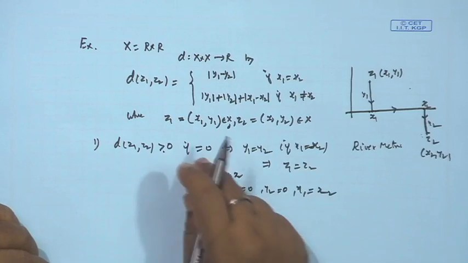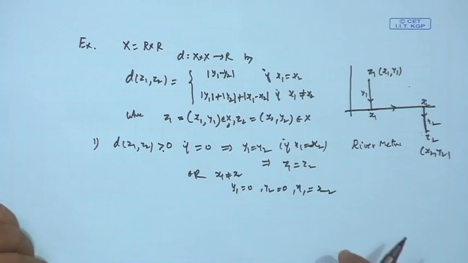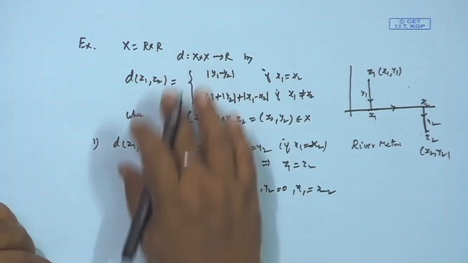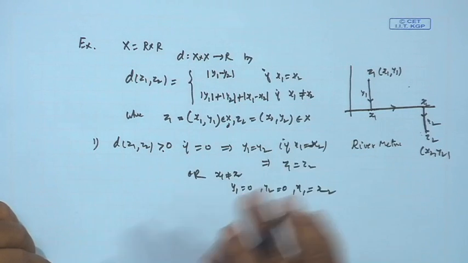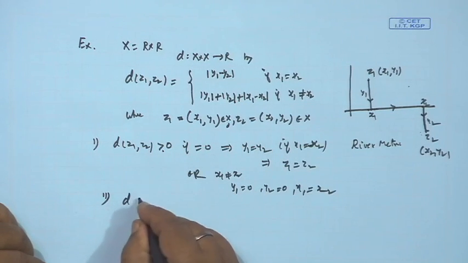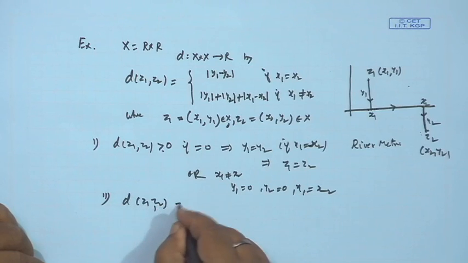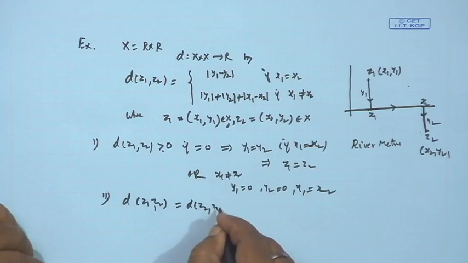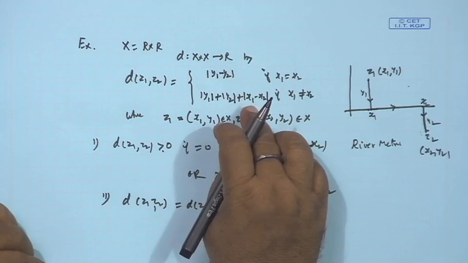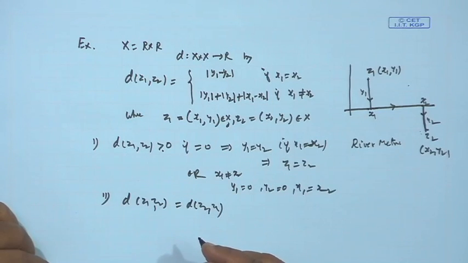Again this shows that z1 equals z2. So d greater than or equal to 0 is satisfied. Second, d(z1, z2) is the same as d(z2, z1), no change, because of the modulus sign there will not be a change in the value.